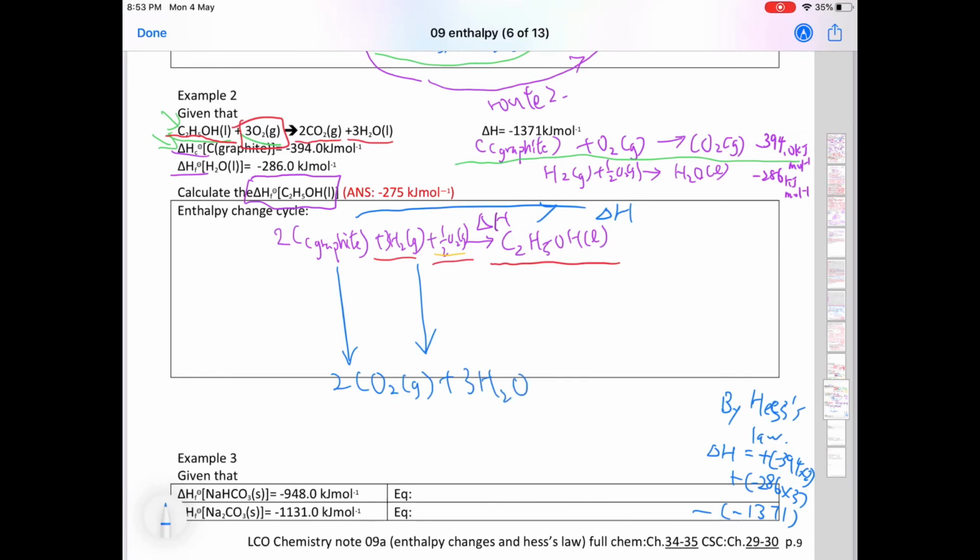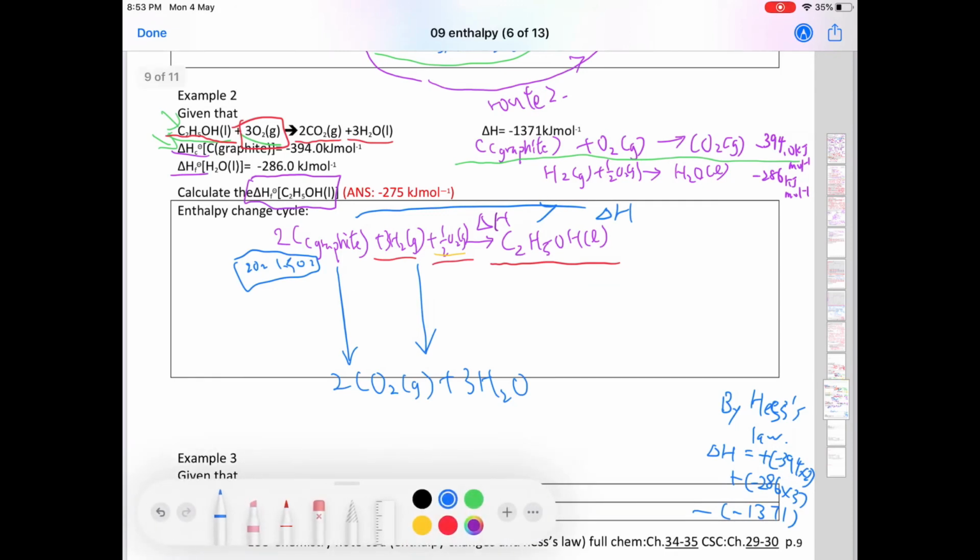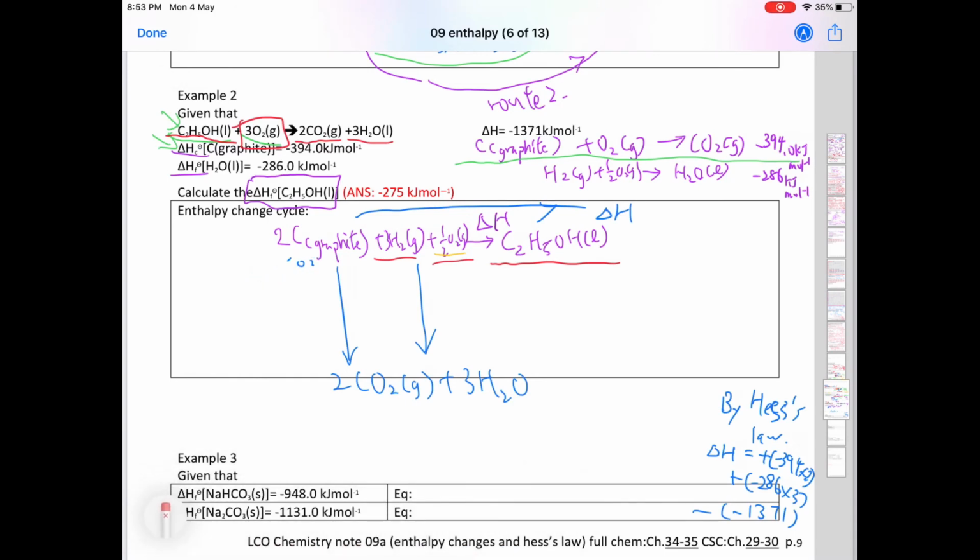And if you do the counting, for CO2 to react we need totally 2 O2, and for H2O to react we need totally 1.5 O2. So in total, we need 3.5 O2. However, in the system, only 0.5 O2 is given, so the net supply of oxygen should be 3 oxygen.